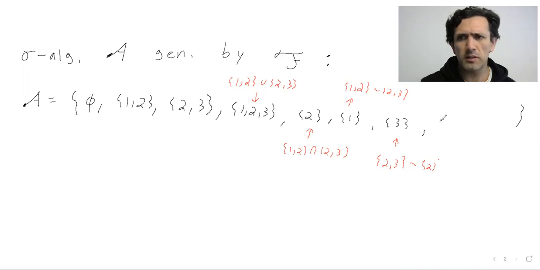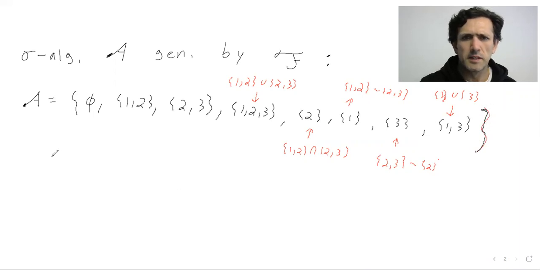So last but not least, the one we're missing is {1, 3}, which is {1} union {3}. And so, yeah, that's it. In this case, it turns out that this is just the entire power set.